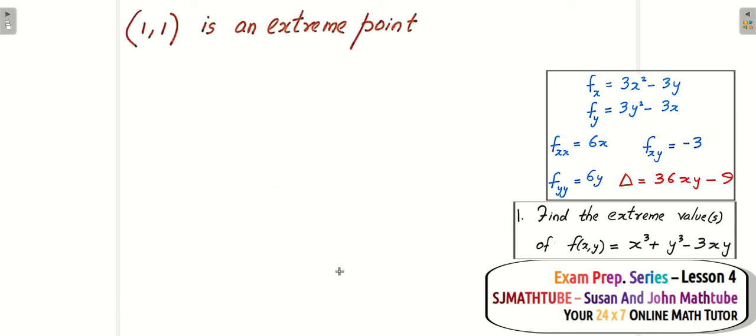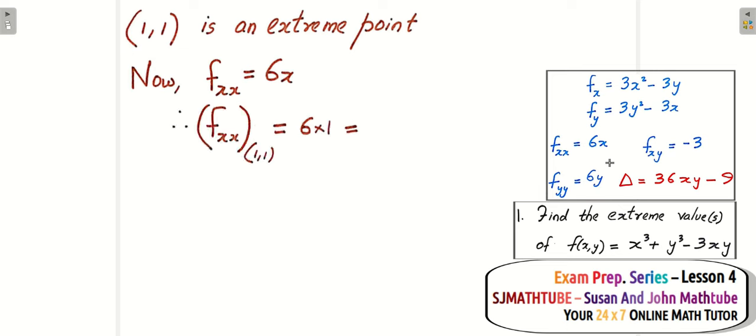Now what we do is we go for the second order derivative. You can look at the right side of the screen. Yeah, second order derivative with respect to x. Or if you want, you can take it with respect to y. Now let's plug in that extreme point. Yeah, it's positive.